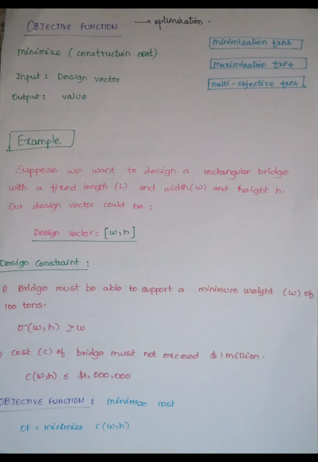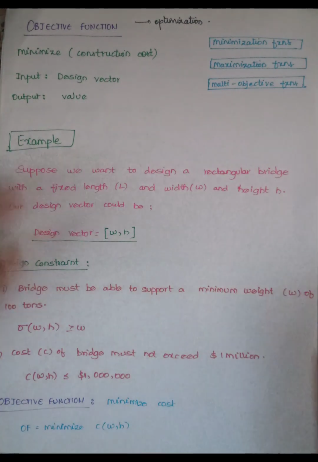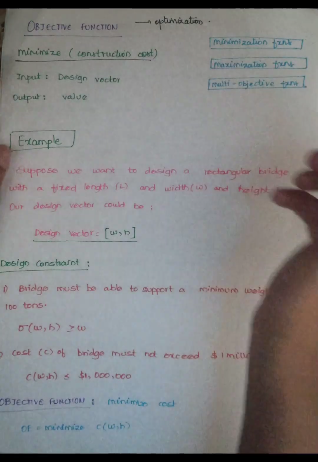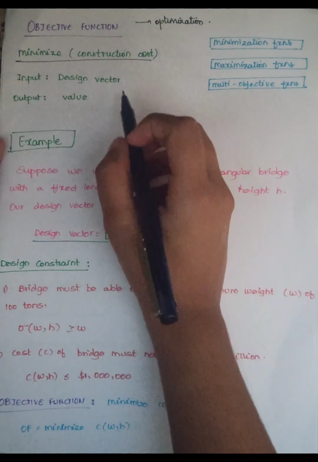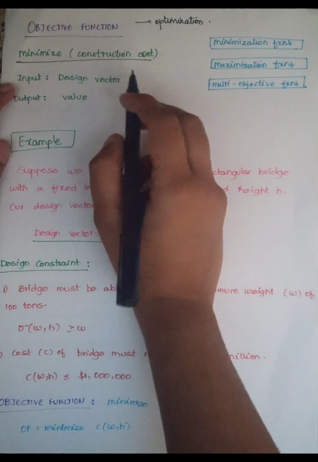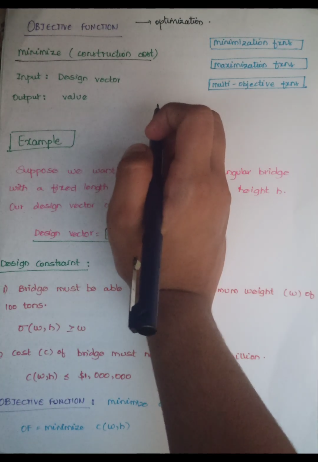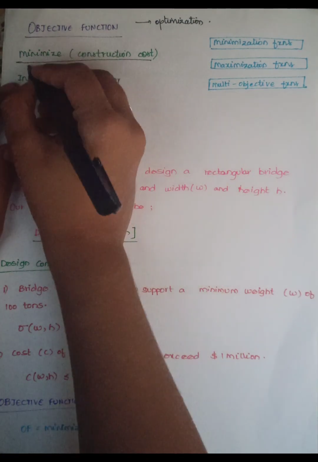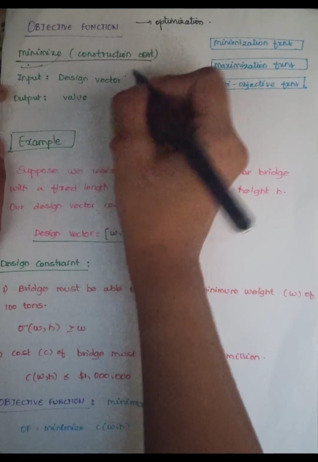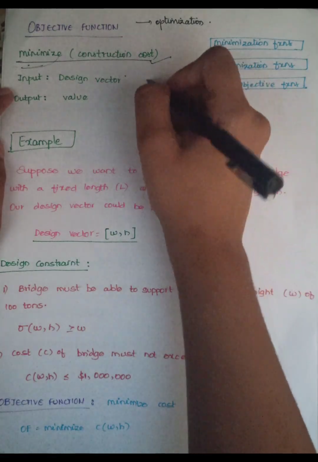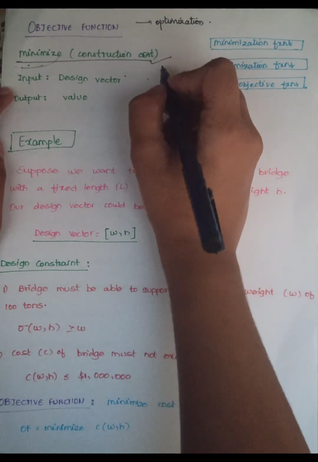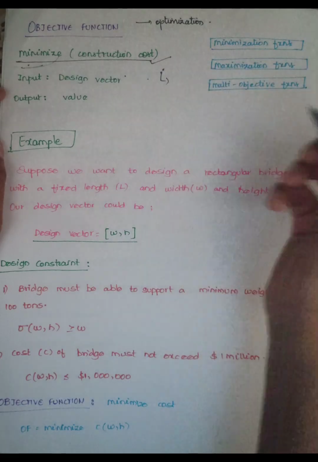Objectives are basically what we must achieve in order to reach a goal. So this is an example of an objective function in optimization. As we've already seen in the definition of optimization, it gets the maximum or minimum value of a function, right? So here we are minimizing the construction cost. This is a type of objective function. Here it is minimizing the cost. It is receiving the minimum value.